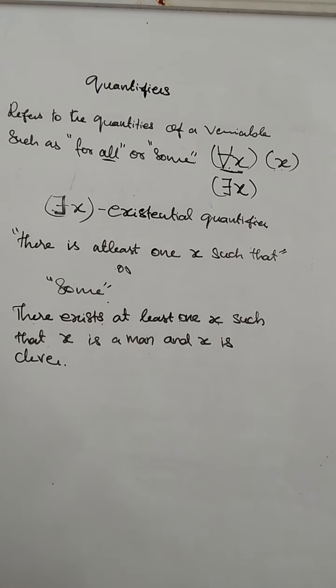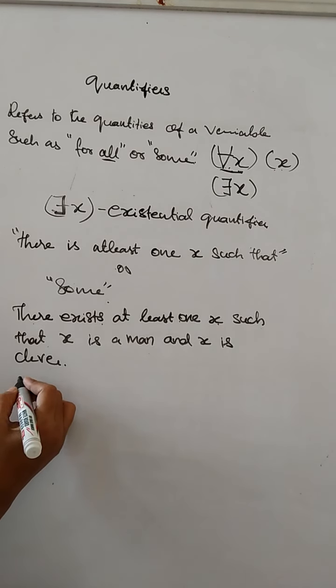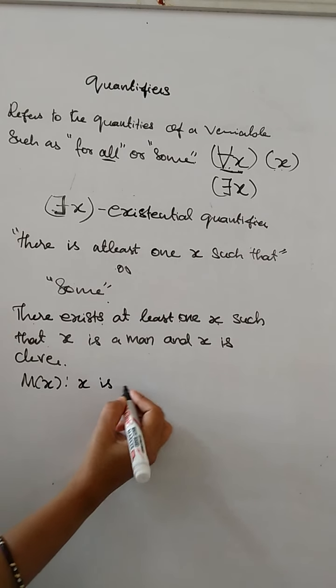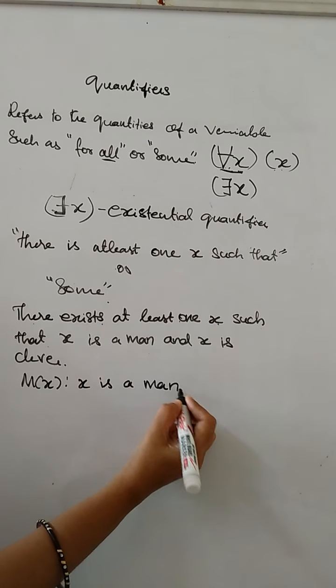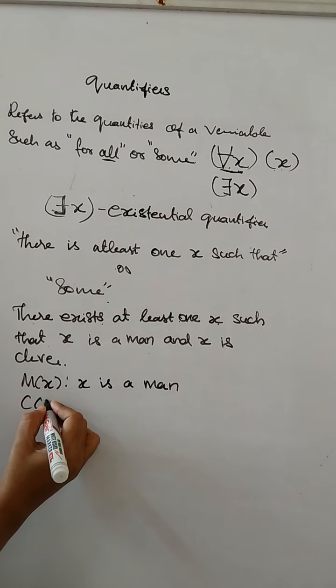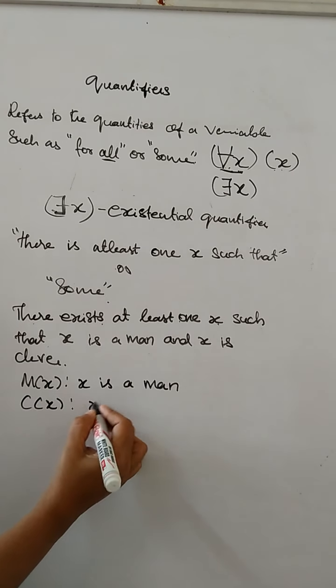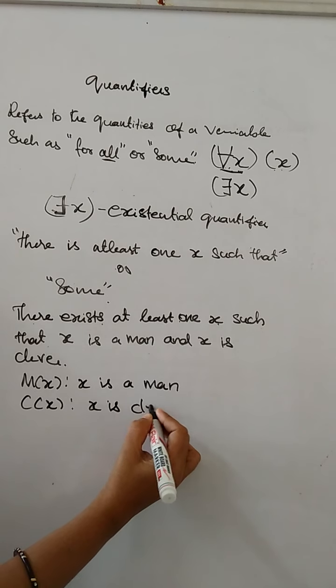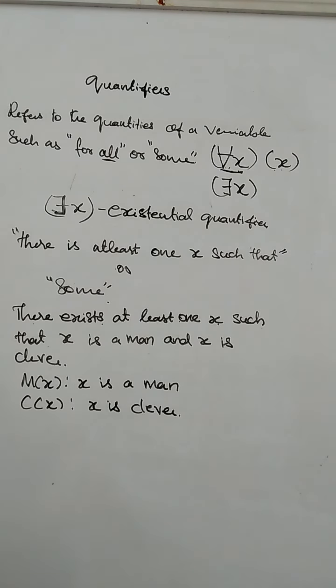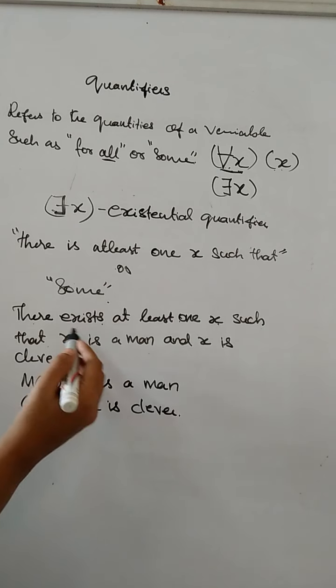We can rewrite this statement as m of x as x is a man. Okay. And then we can write c of x as x is clever. So what we are just going to write it here is, what's the thing they have given here?